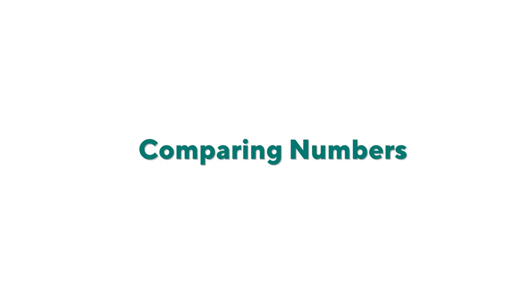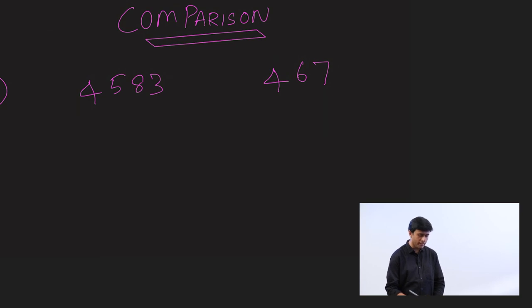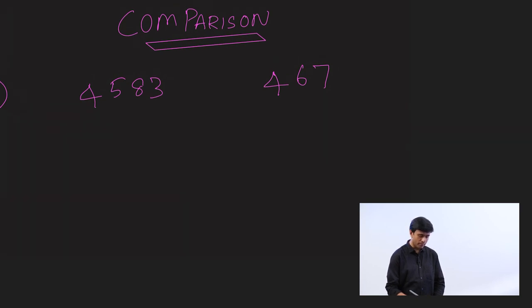Now, how do you compare numbers? Let's talk about comparison. Comparison of numbers. There are a few rules that you need to keep in mind. For example, let's look at this example. 4583 and 467.